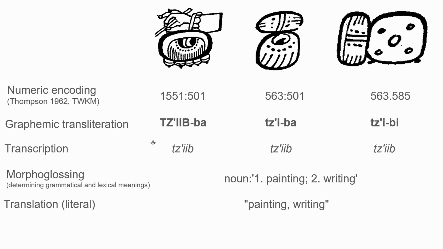So this is how we designate it, and we use morphoglossing in order to determine the grammatical and lexical meanings. Very often I see in your categories, in your work, that you don't do it. You just translate it. But especially in undeciphered or less deciphered hieroglyphic systems, it's important that you say, this is a verb, this is a noun, and so on, and has this meaning. And we do a literal translation. So these are mainly the naming conventions we use when we are analyzing an inscription.